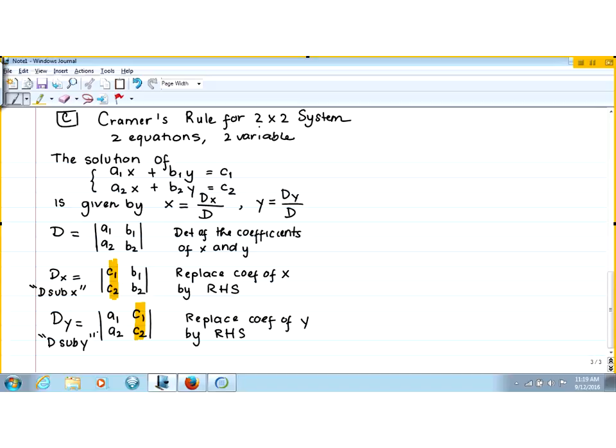Alright. So basically, what's the difference between d and d sub x? Well, for d sub x, we replace the x. What about d sub y? Well, for d sub y, we replace the coefficients of y. That's it. Yeah. Well, how did Cramer find these?